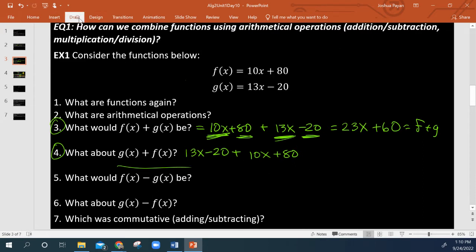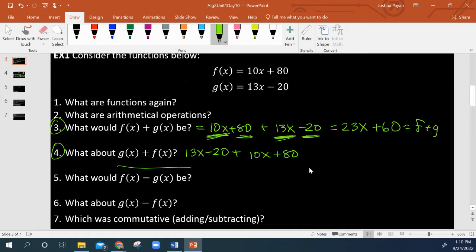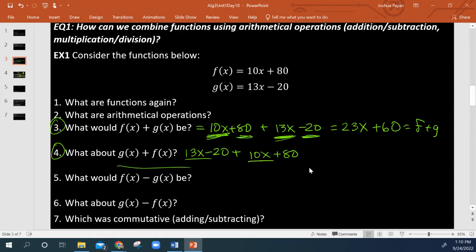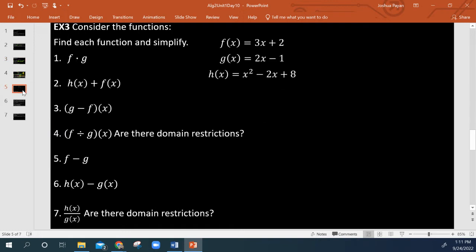Nothing's being distributed in, so we can start combining. So 13x, 10x, I get 23x again, just like I did here. And then negative 20, positive 80, I get positive 60 again, like I did here. So adding and multiplying are both commutative, even in a purely algebraic sense.